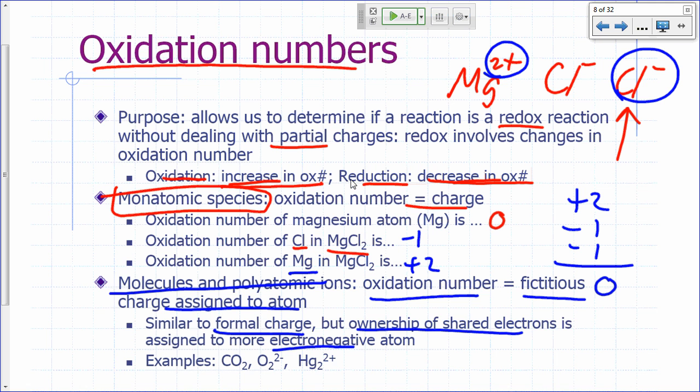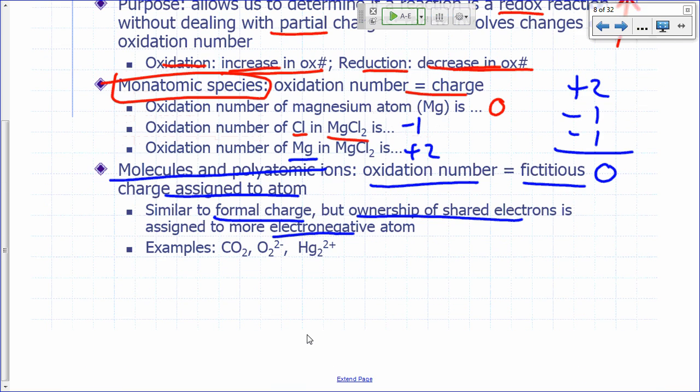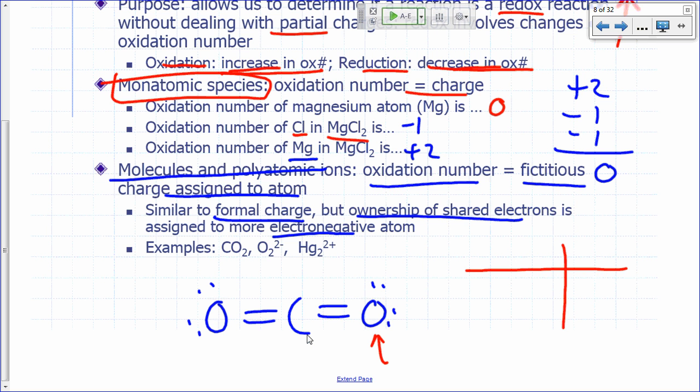So let's illustrate that with carbon dioxide. If you were to draw carbon dioxide, the Lewis structure looks like this. All right? So, if you recall, how many valence electrons does an oxygen atom have if it were by itself? Where would you find oxygen in your periodic table?